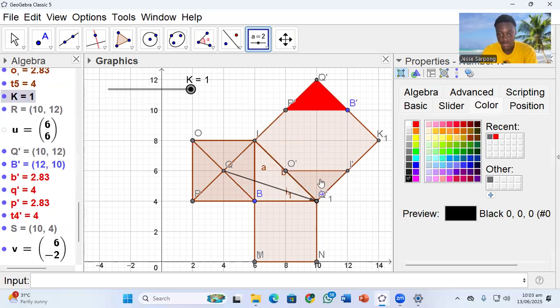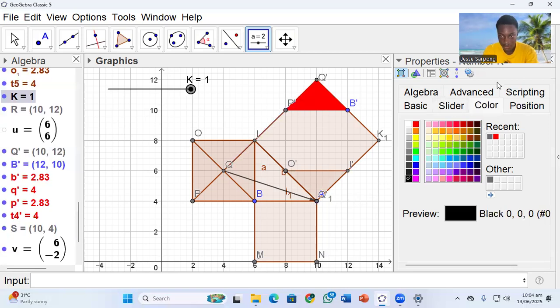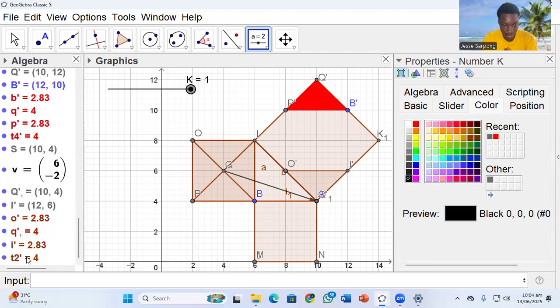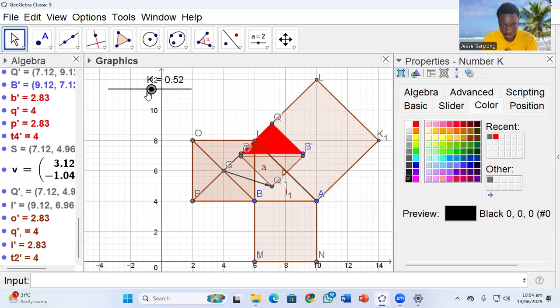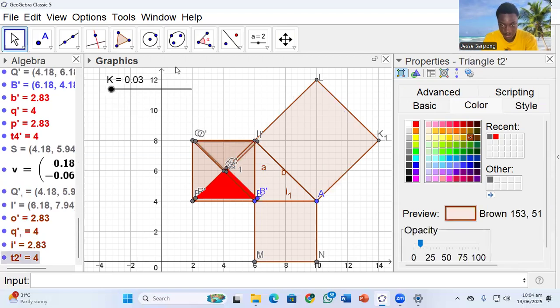Now we just change the coloring. We change the color to green, and the opacity.